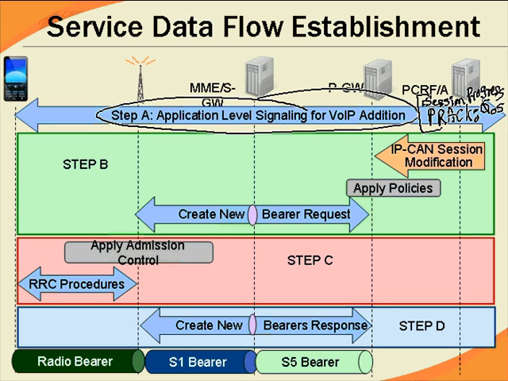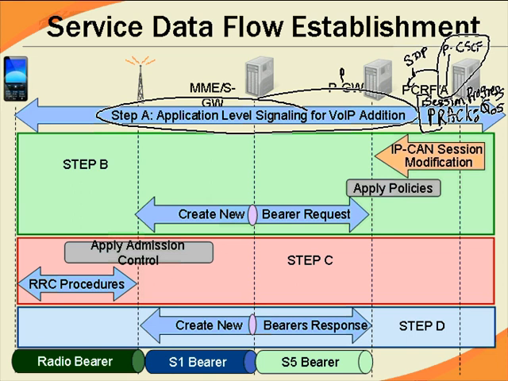Okay, so at this point, our proxy, call session control function, which acts as an application function, already knows about the QoS, and it will give that information in the form of SDP to the policy and charging rules function.